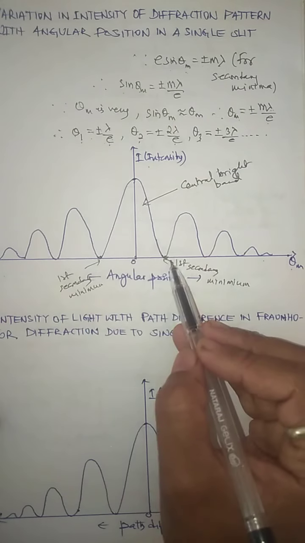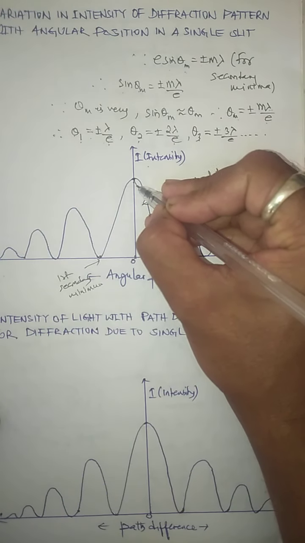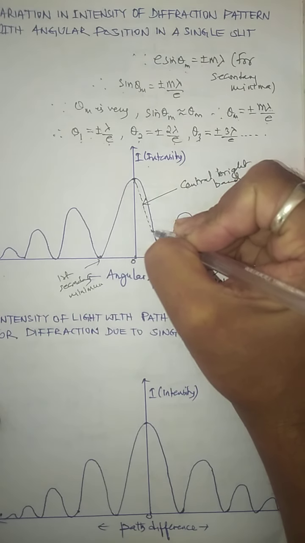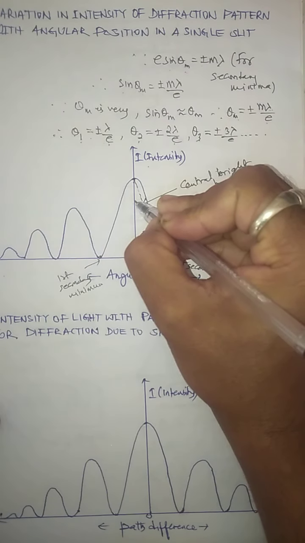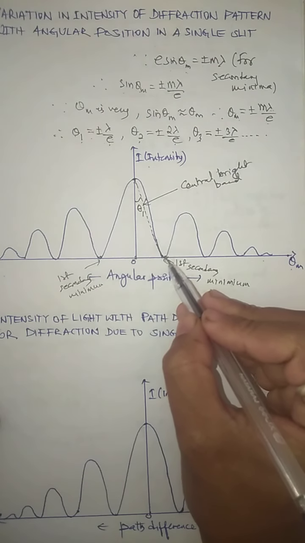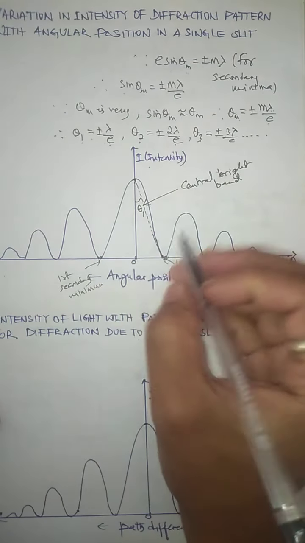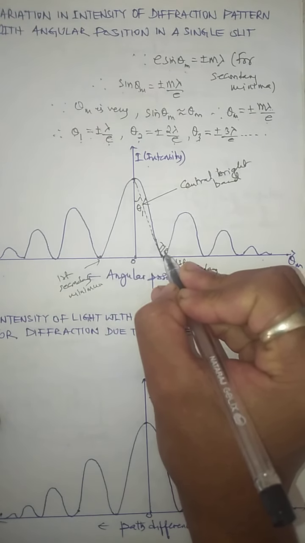Now, the first secondary minimum makes a certain angle with the central maximum. This angle is theta 1, and the angle made by the first secondary minimum on the positive side is lambda by e.